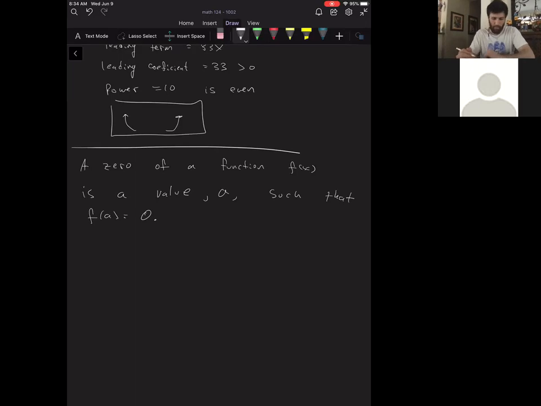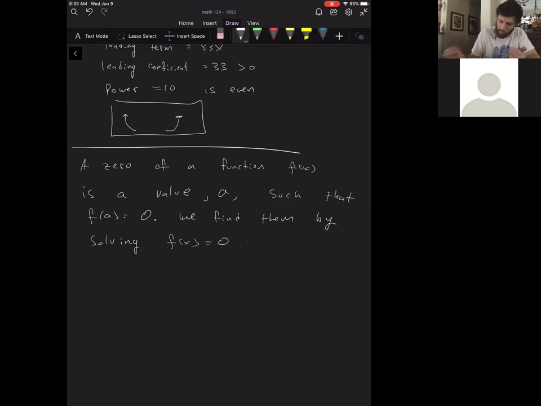And we can say we find them by solving f of x is equal to 0.